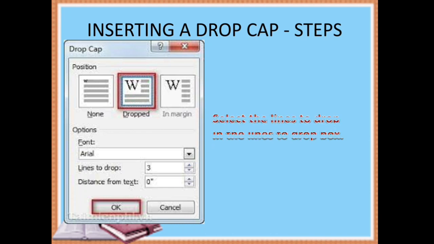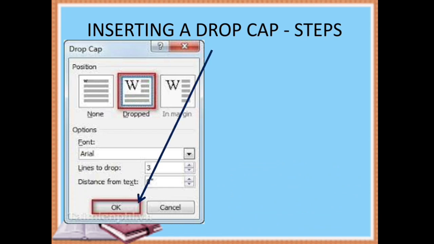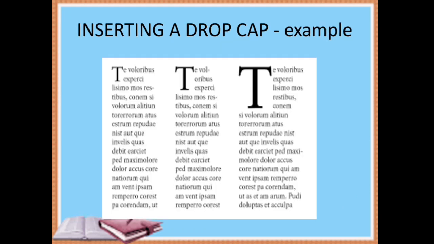Then the next one is distance from text, how much distance the drop cap text will have. At the last you say OK, and when you click OK, the text will look like this.